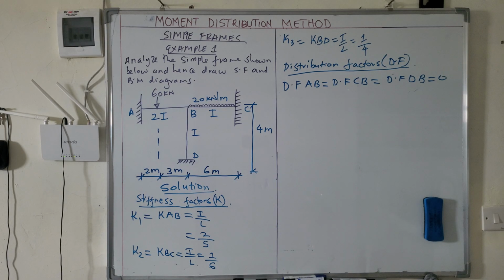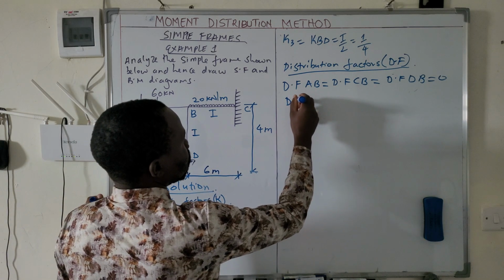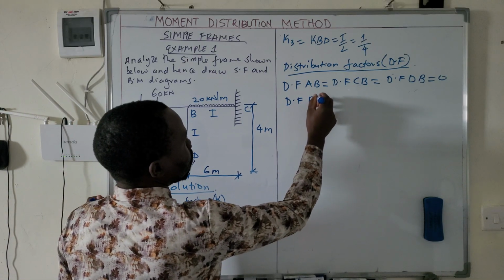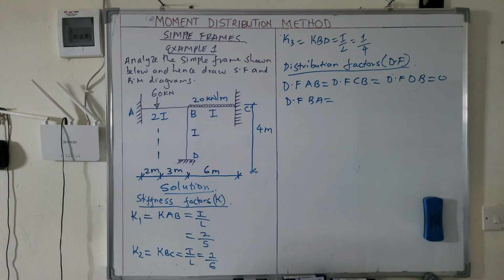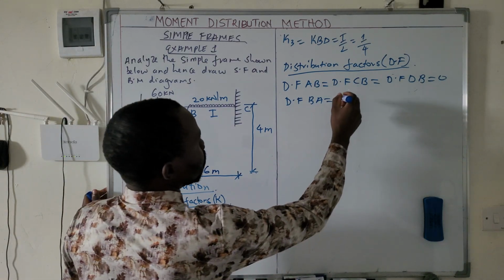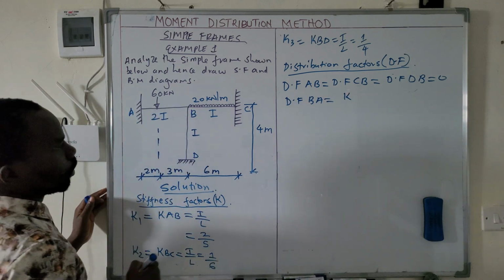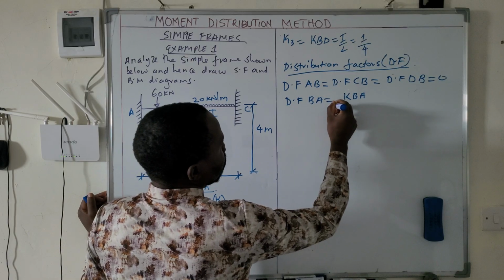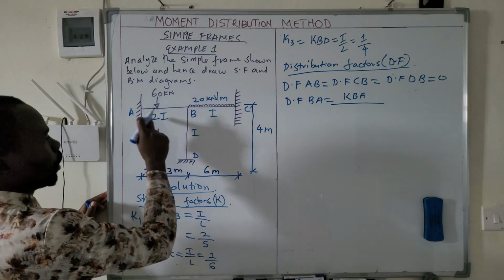Then we move to distribution factor BA, DF BA. So distribution factor BA will be KBA over, so we are at BA.